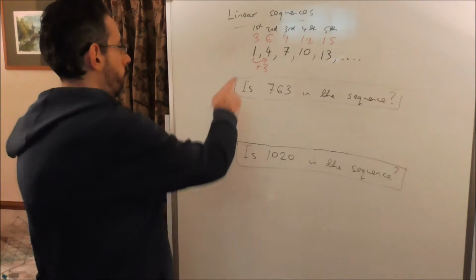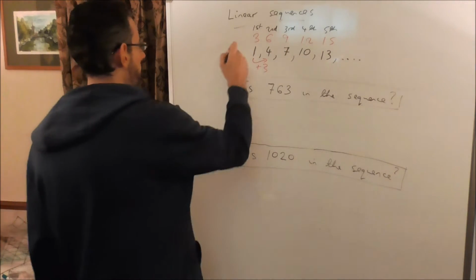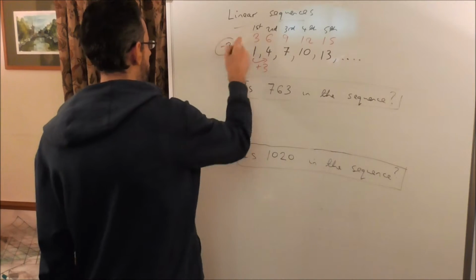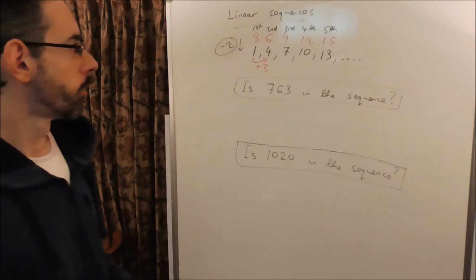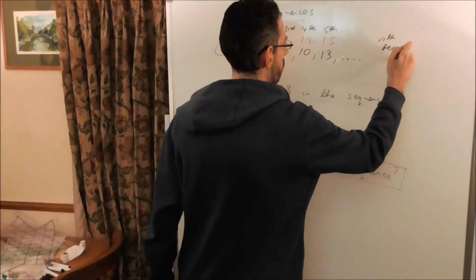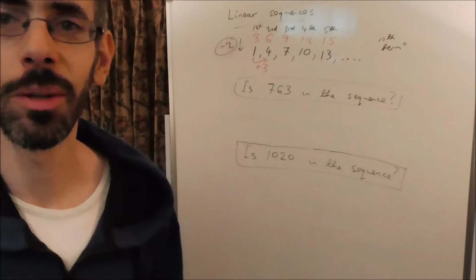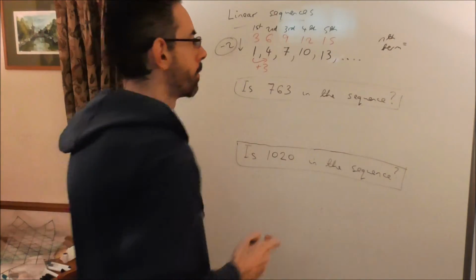And of course our sequence doesn't start on 3, it starts on 1. So all the numbers in our sequence are 2 lower than the numbers in the 3 times table. For the 3 times table, the nth term formula is just 3n. So for our sequence, which is 2 lower than that, it's going to be 3n minus 2.